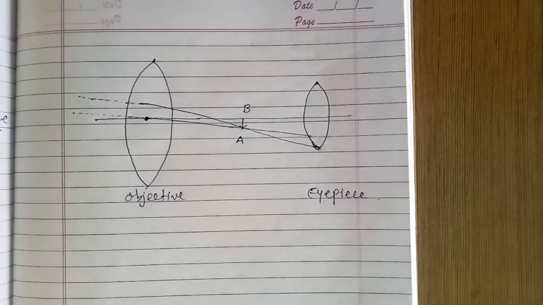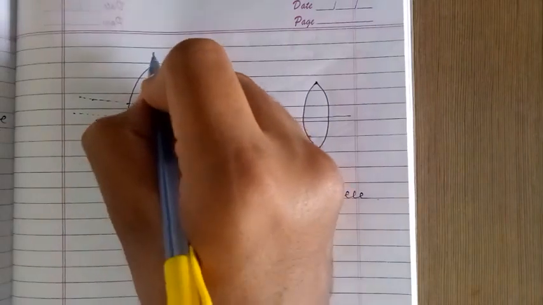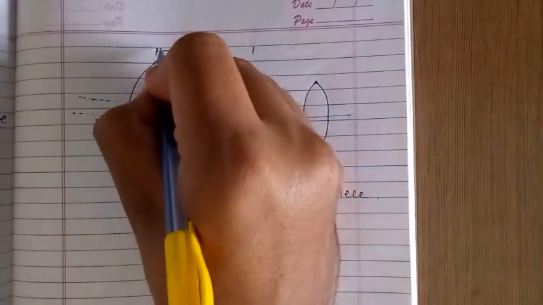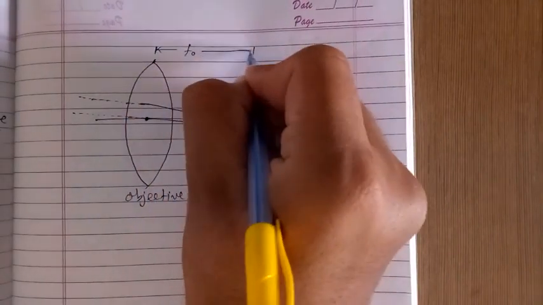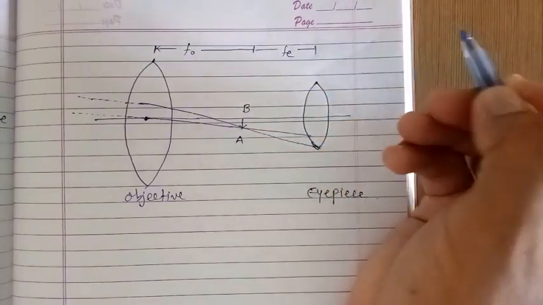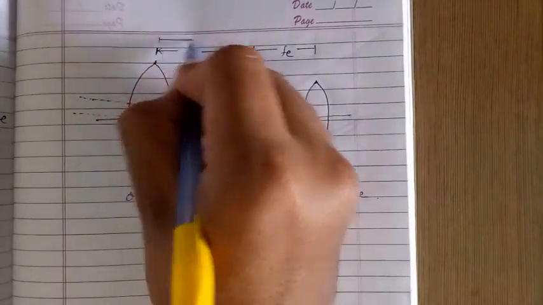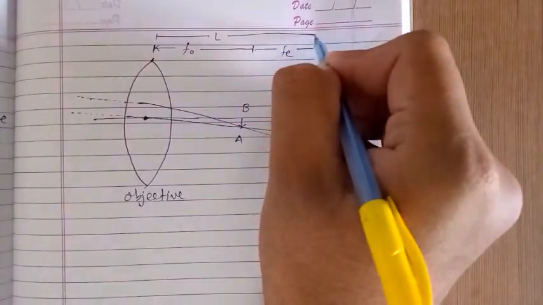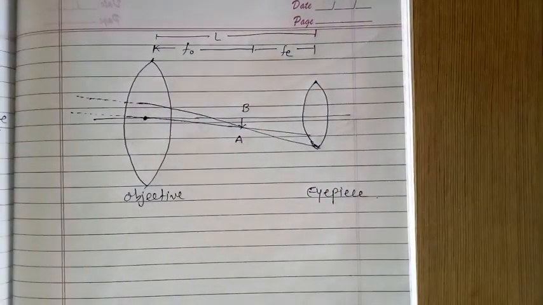Here this is the focal length of the objective, FO. This is the focal length of the eyepiece, FE. The total distance between objective and eyepiece is called tube length, or the length of the tube.